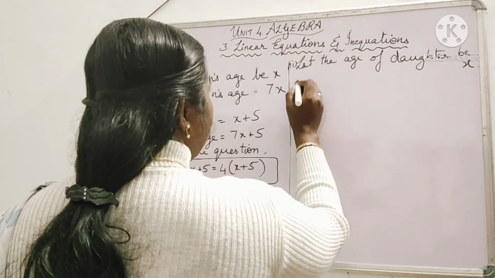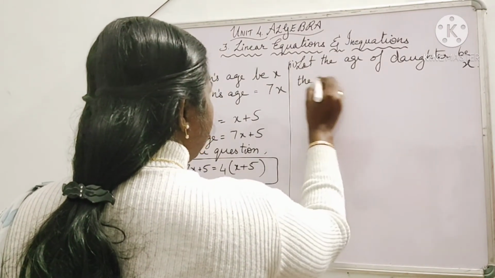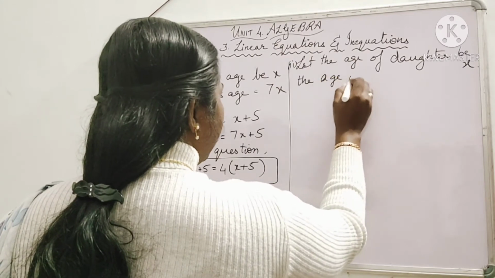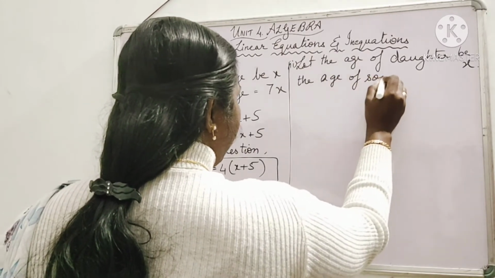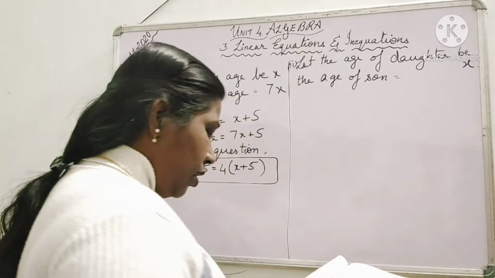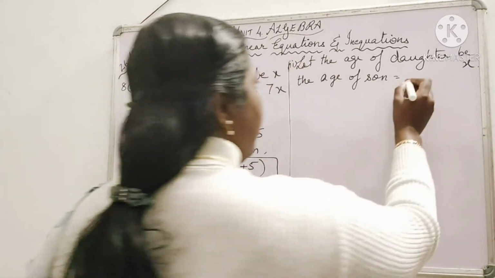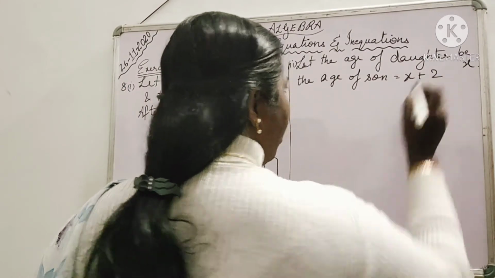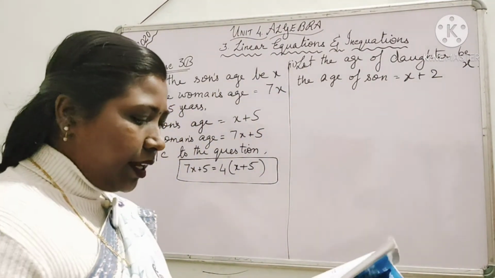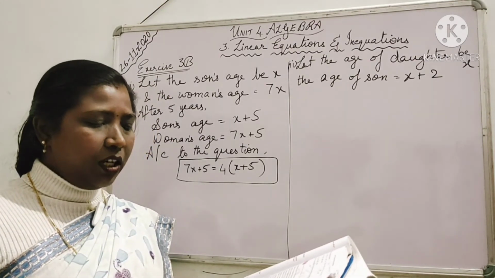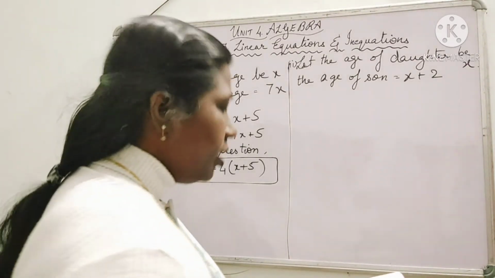Now the age of son is equal to x plus 2 years older, so I can write x plus 2. Next we have her age is 3 times the sum of the ages of her children.